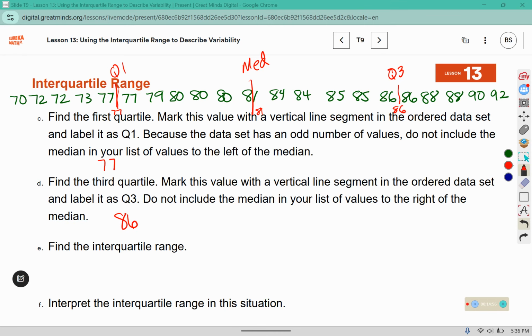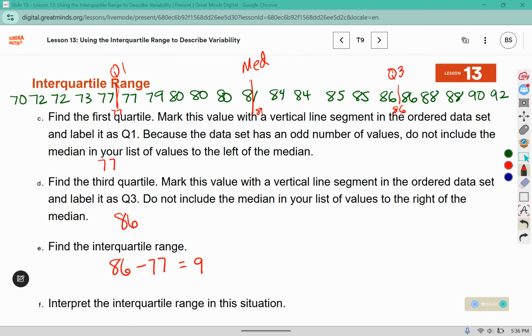To find the interquartile range, remember range, we take the big number and subtract the smallest number. So we're taking Q3 and subtracting Q1, which is 9. And interpret the interquartile range in this situation.